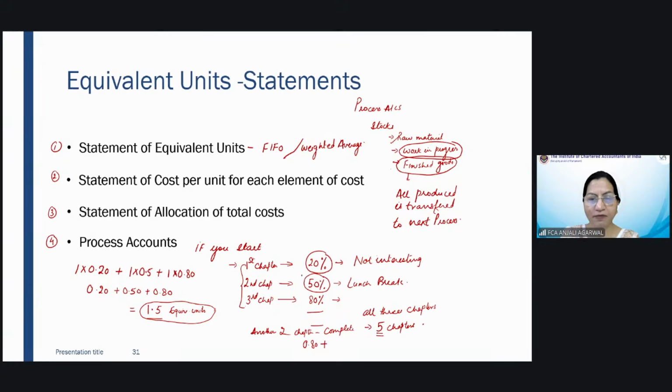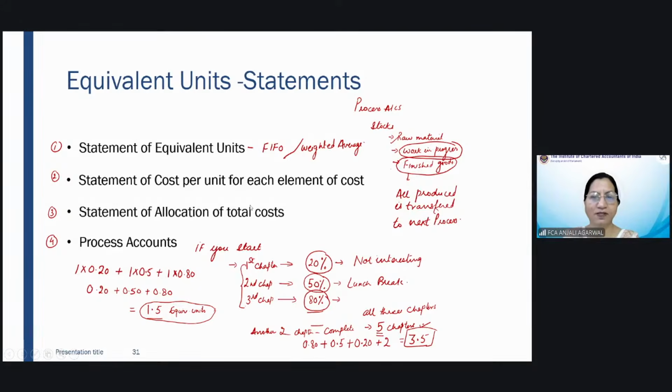Second chapter was already completed 50% yesterday, so today you would require another 50% of time. And third chapter was already completed 80% the previous day, so now you would have worked on it 20% only. Plus another 2 chapters, which you started from the beginning and completed. So once again, on the second day, your output would be 3.5 equivalent units of chapters, though you have completed 5 chapters. Okay. So this is how we calculate the statement of equivalent units.